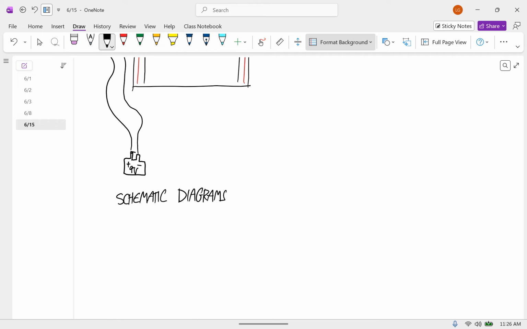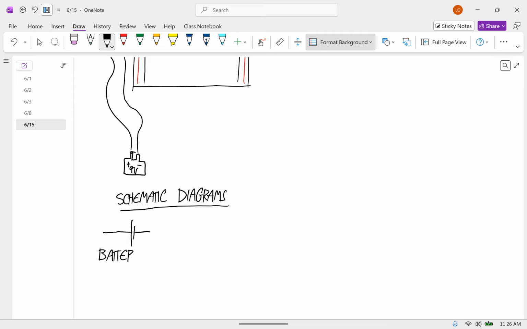So instead of drawing pictures of batteries and everything, we're just going to use accepted symbols for those things. So here are the symbols that we'll use. For a battery, we'll use a long line and a parallel short line. So this is the symbol for a battery.